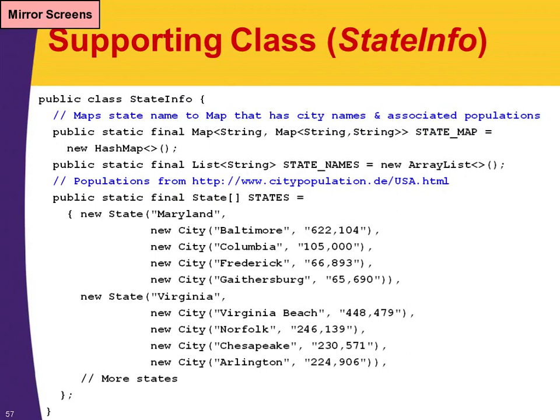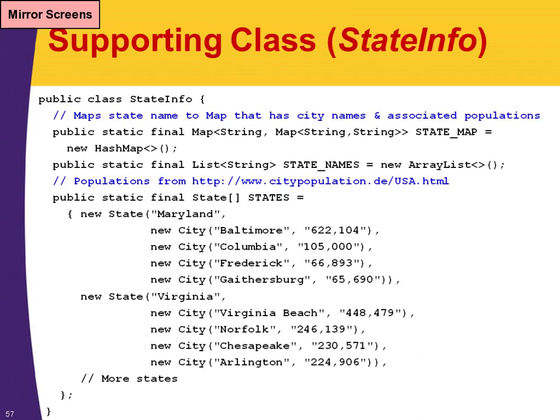So here's the state info. This is simply a way of giving us the data. Where that actually comes from, as I said, since this is fairly static, it gets updated every so often, so it might make sense to make this kind of thing an application scoped bean, which would actually allow you to update it while the system is up.